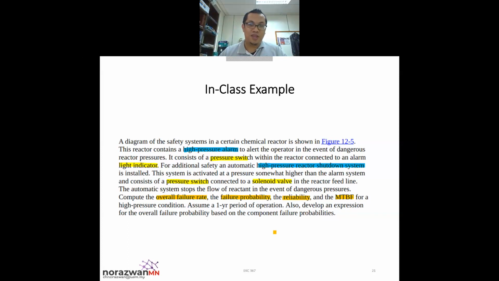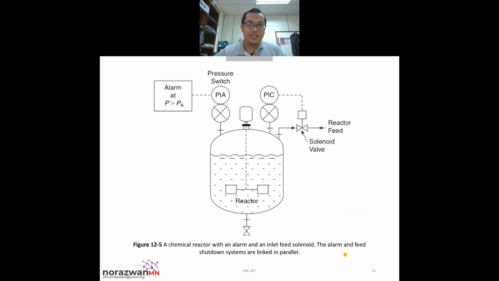Okay, so you need to find mu, P, R, and also MTBF. This is the figure. This is the first system, the alarm system.